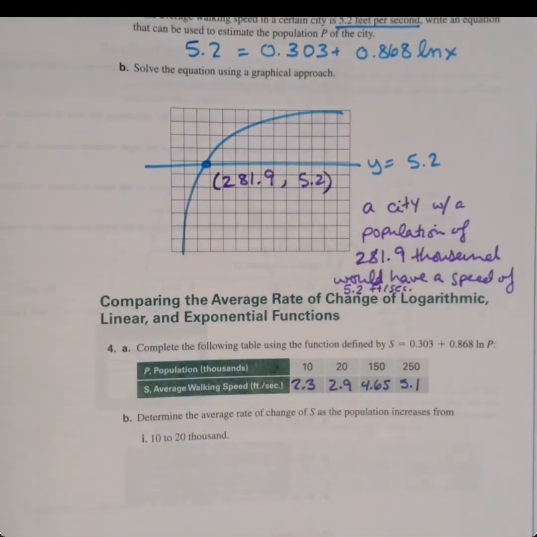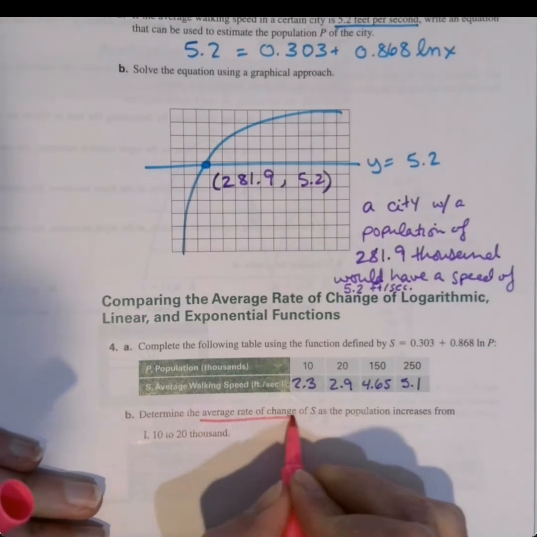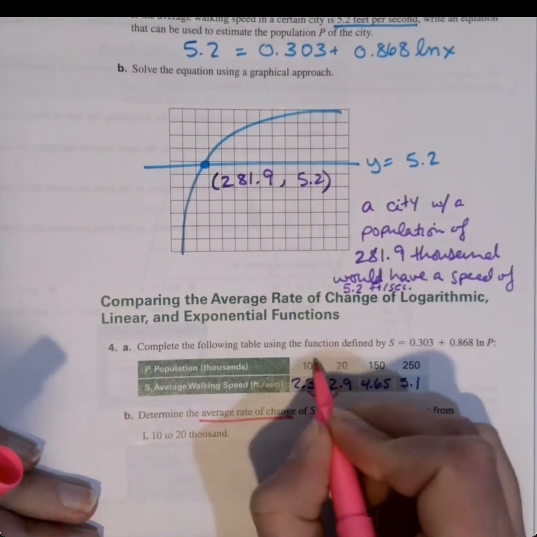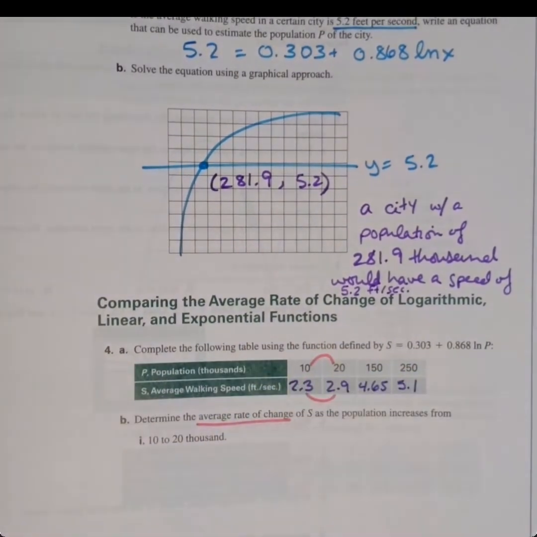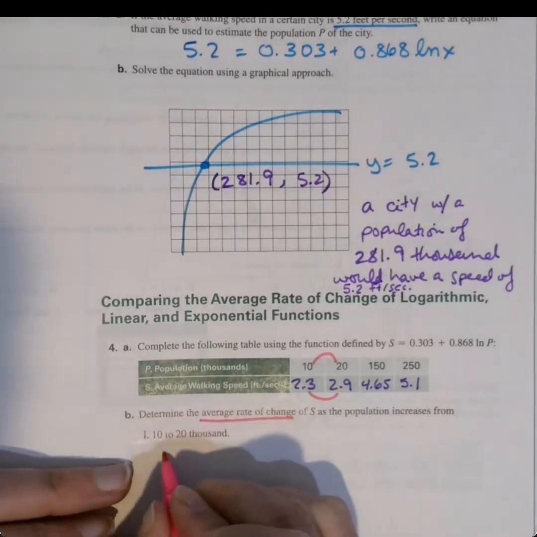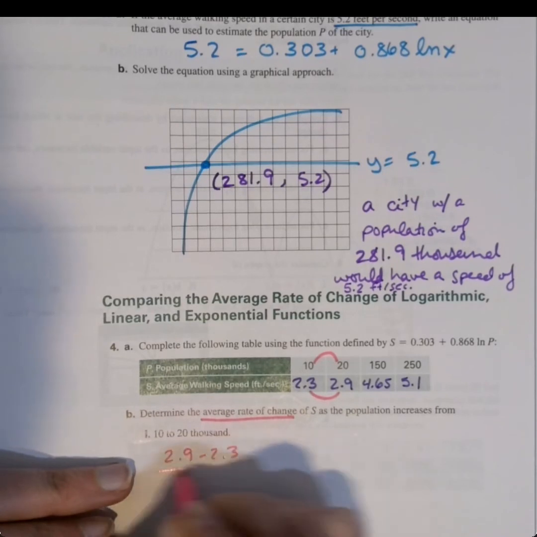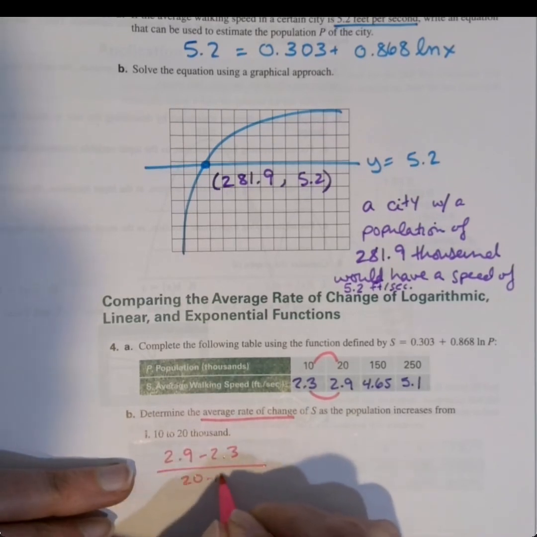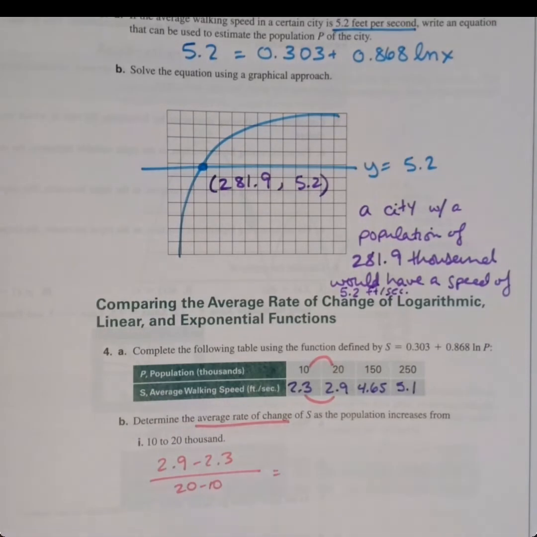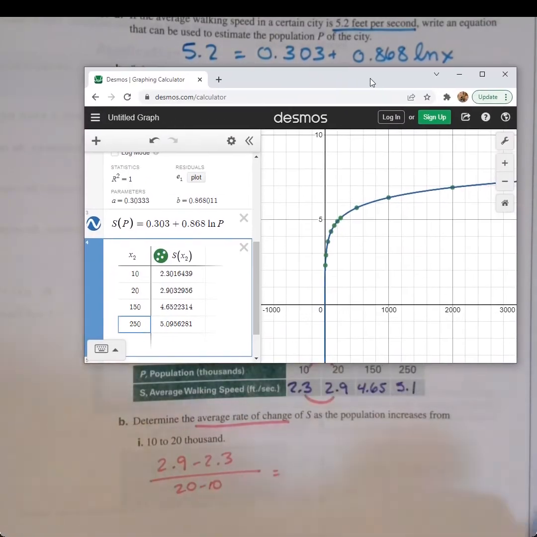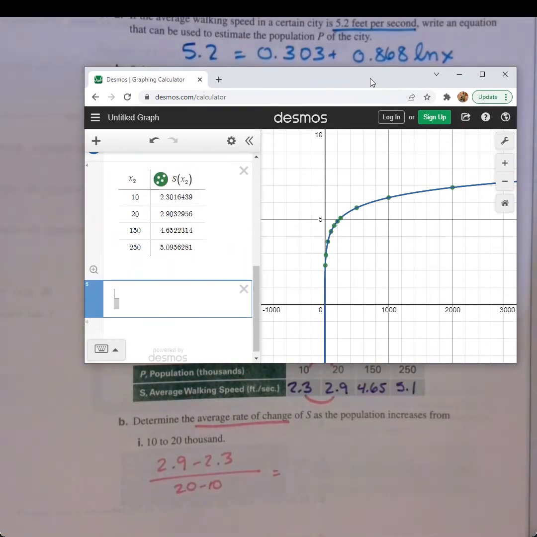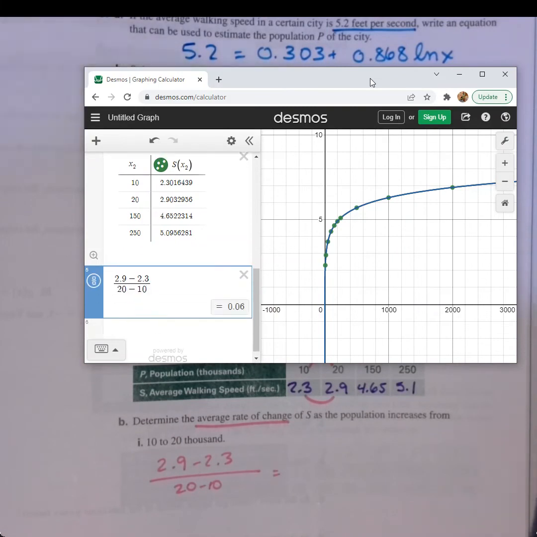So when they ask me about average rate of change, this is regular slope. So we're going to compute 2.9 minus 2.3 over 20 minus 10, just the regular average rate of change like we would have done in chapter 1. And we're going to compare these average rates of change and see how they are changing. 2.9 minus 2.3 over 20 minus 10.